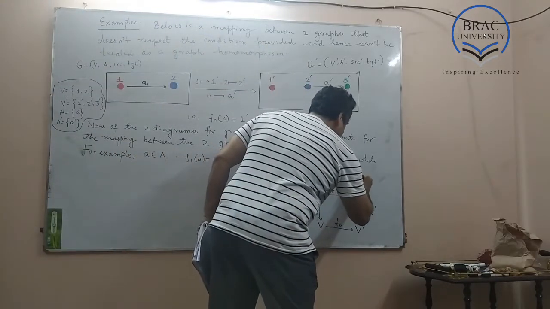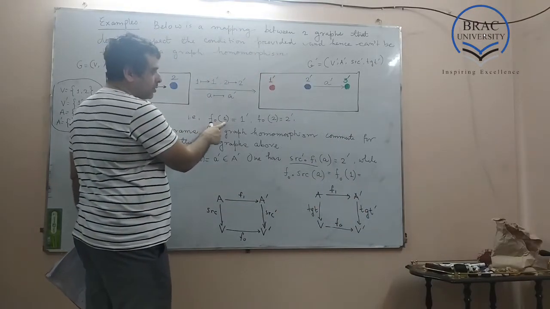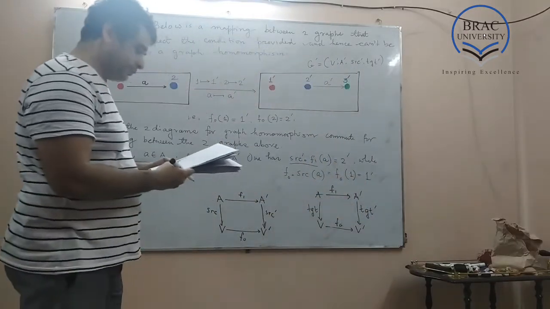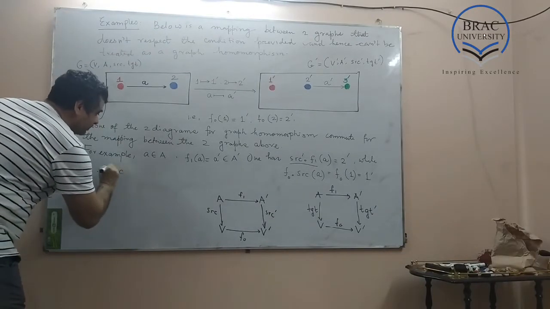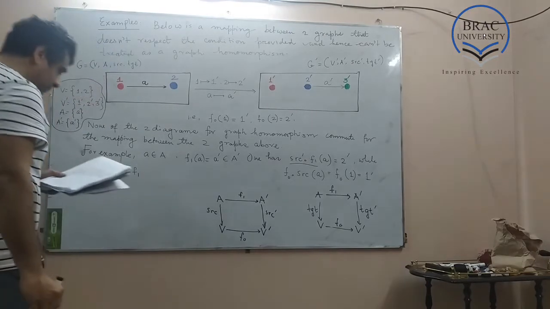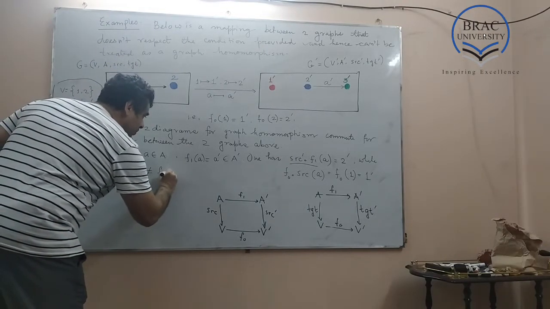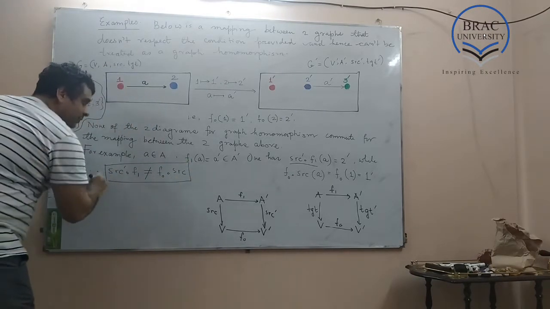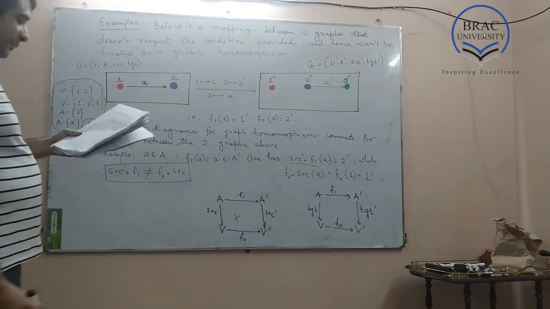And we know that F sub 0 acting on 1 is 1 prime. So what did we find? Therefore, we found that SRC prime composed with F1 is not equal to F sub 0 composed with SRC. In other words, this diagram does not commute. Okay?